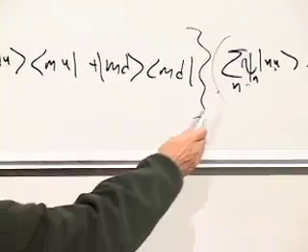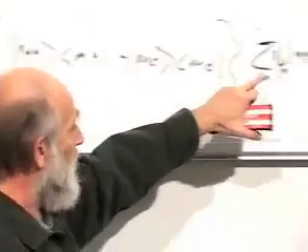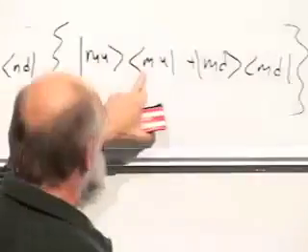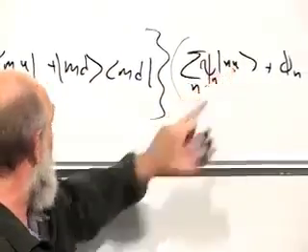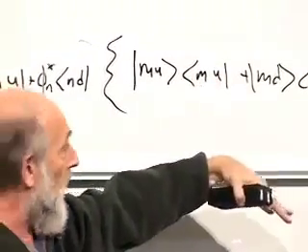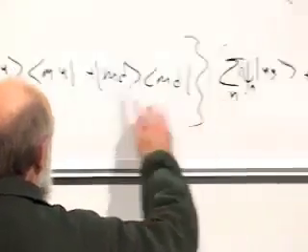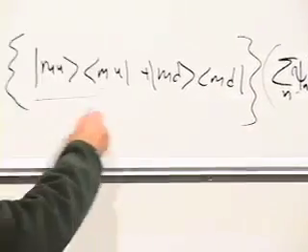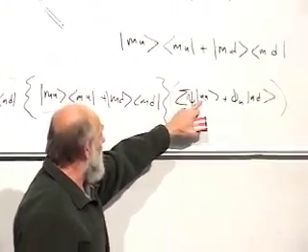You only get a contribution from up with up, and furthermore, you only get a contribution when n is equal to m. The inner product of up n is only non-zero with m up when m is equal to n, and then the inner product is 1. So out of here, you pick out the single term where m is equal to n.